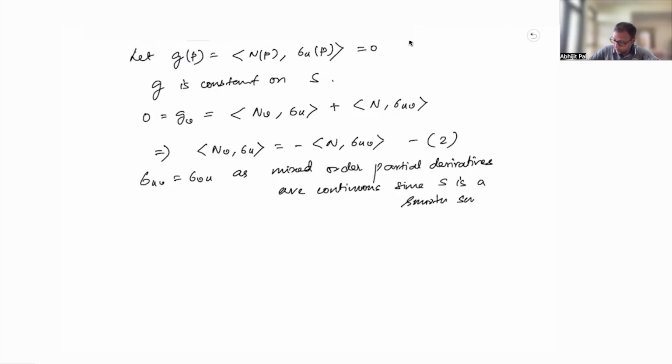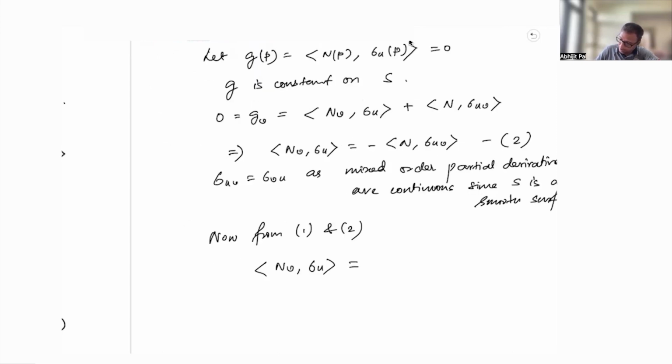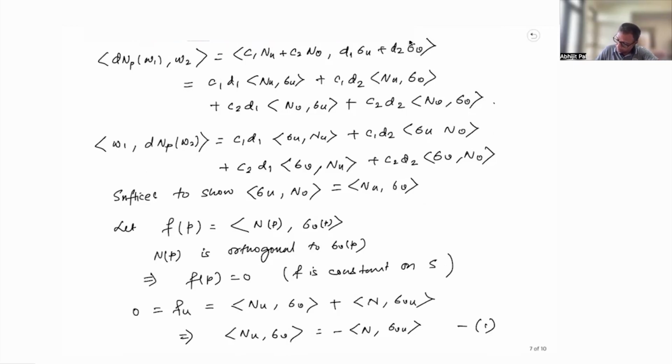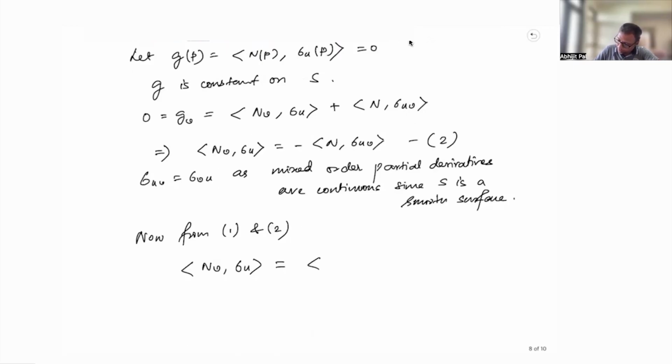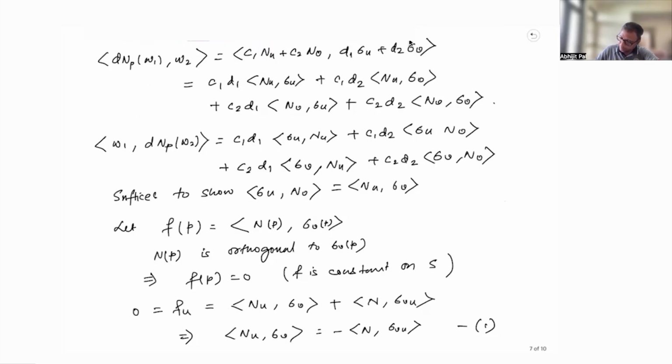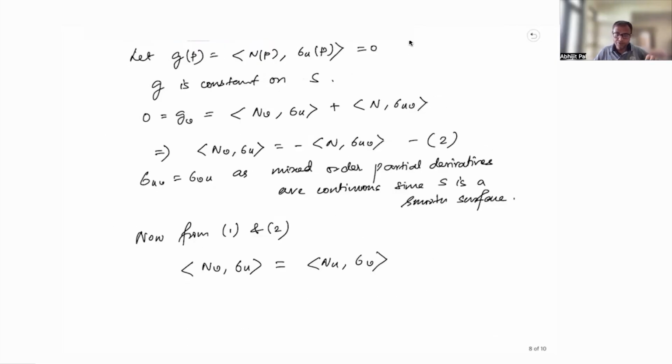So now from 1 and 2, what you'll get is that the inner product of NB comma sigma U is equal to the inner product of NU comma sigma B. Okay, so therefore we are done.